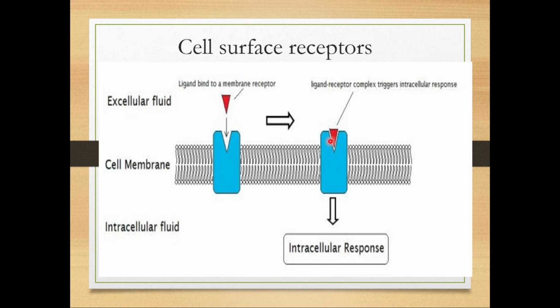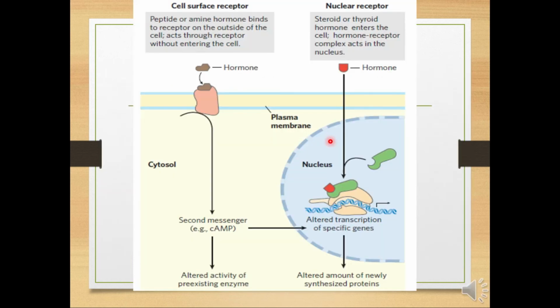This type of hormone does not enter through the plasma membrane but catalyzes the formation of a second messenger, that is cyclic AMP. As we can see in this diagram, a cell surface receptor complex binds an incoming hormone. This hormone is generated as a result of an environmental signal. So this hormone does not directly enter into the cell, but it sends a message and generates a second messenger, for example, cyclic AMP.